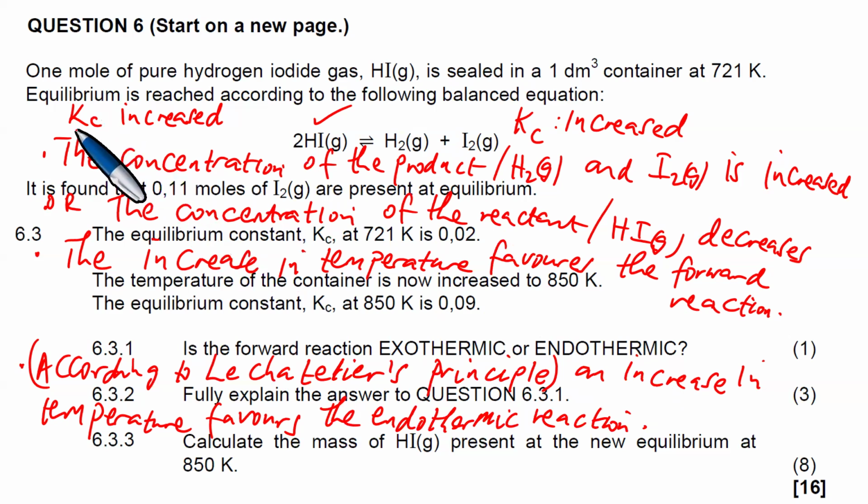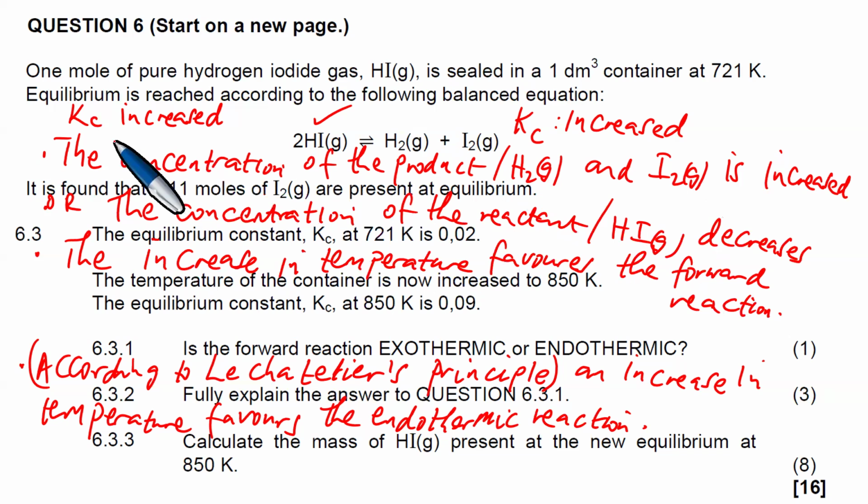So the first point that we need to note is that Kc increased from 0.02 to 0.09. The concentration of the products, be it hydrogen gas and iodine, is increased, or the concentration of the reactant, hydrogen iodide, decreases.